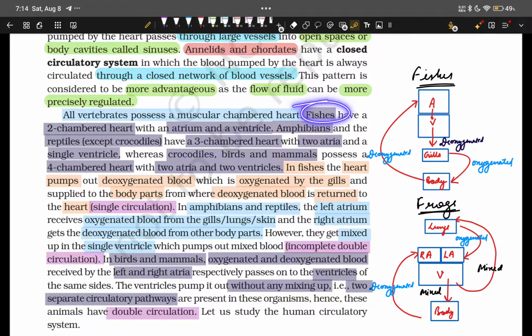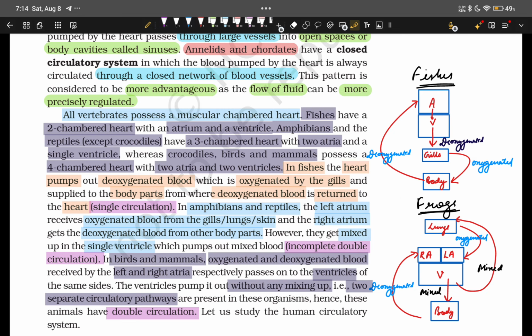So we have fishes. In fishes, the heart pumps deoxygenated blood to the gills, which oxygenate it, and then this oxygenated blood is supplied to body parts. Again deoxygenated blood is carried from the body parts and returned to the heart.